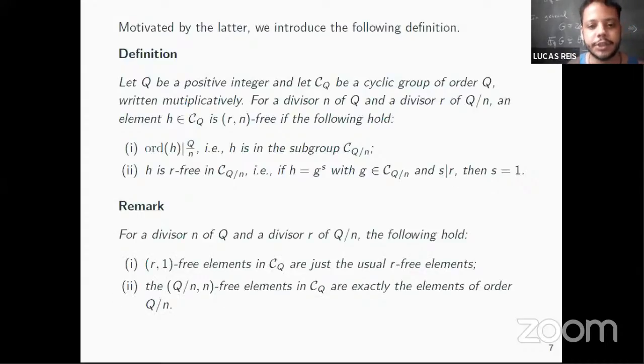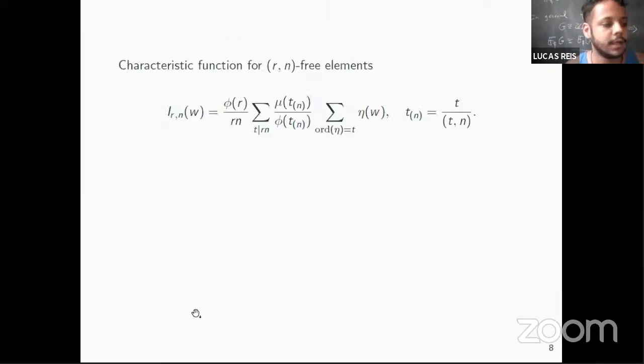To see the relation between the original definition of R-free and this new one with two parameters, we observe that if N equals 1, we just recover the definition of R-free elements. And we can also describe elements with any prescribed multiplicative order by means of (R,N)-free elements. If N is a divisor of Q, the elements that are (Q over N, N)-free are just the elements of multiplicative order Q over N.